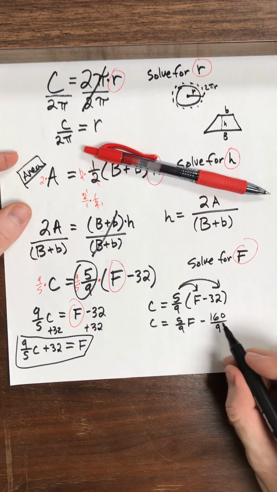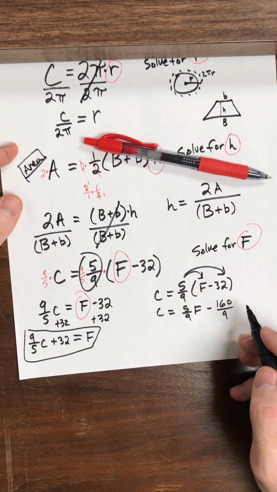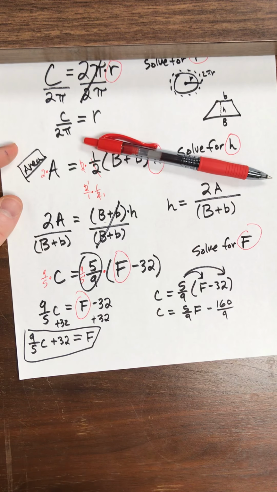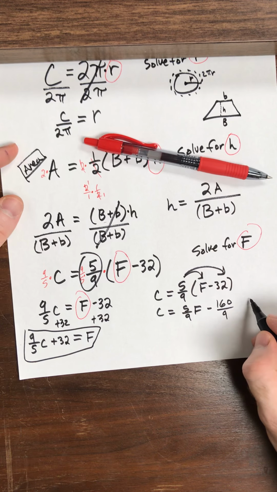Does that work? Let's just leave it like this for right now. Okay, I think we can reduce this maybe. Let's see. If I divide it into 9, what is that going to be? No, that's not going to work.